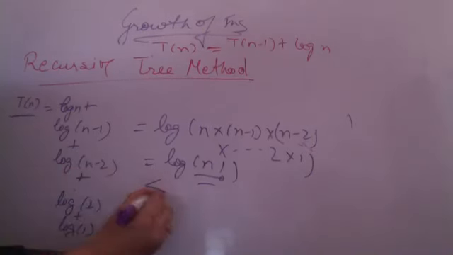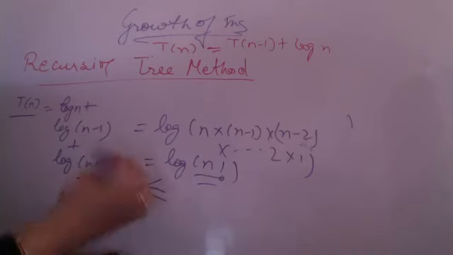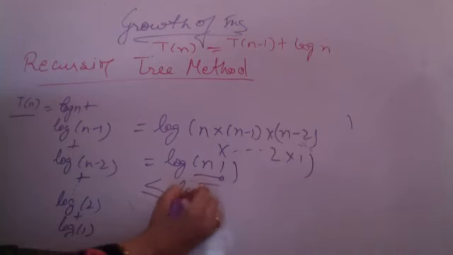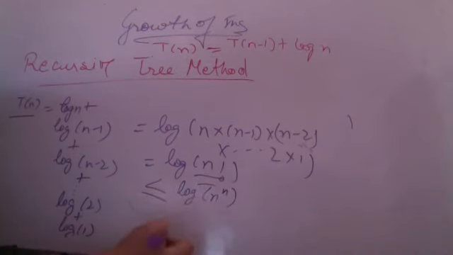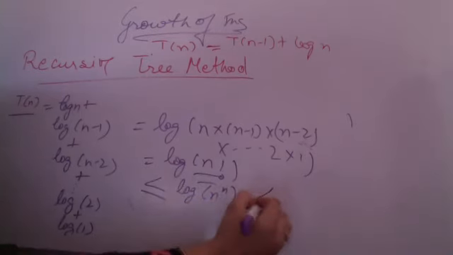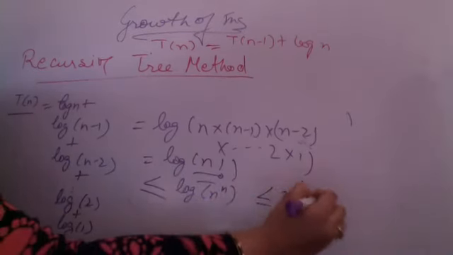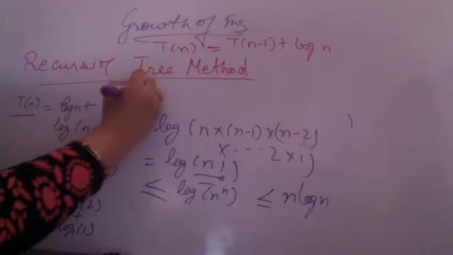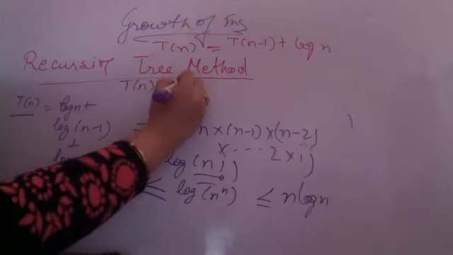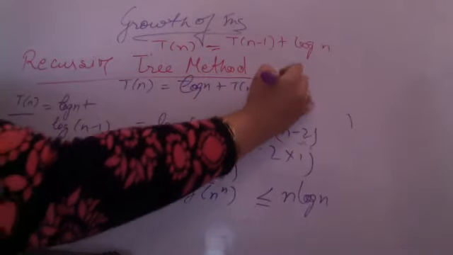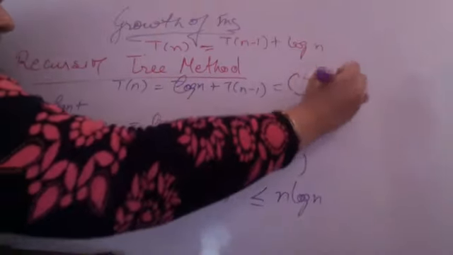That is why I'm using this sign over here, since I'm going to turn this into a notation function. So this becomes log of n raised to the power n, which I can rewrite as n log n. Can I do that? Yes, ma'am. That means my given function T(n), which was log n plus T(n minus 1), is upper bounded by n log n.